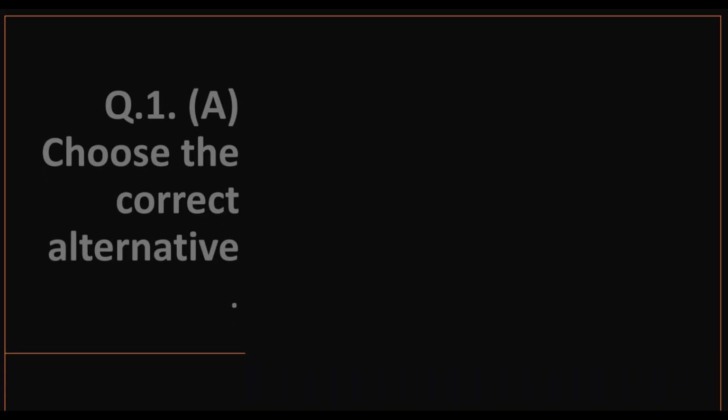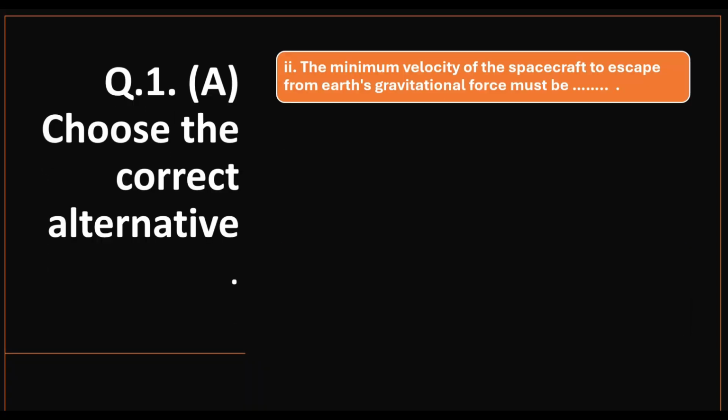Now we'll move to question number 2. The minimum velocity of the spacecraft to escape from Earth's gravitational force must be. When we launch any satellite in a space orbit, it has to work against the gravitational force.